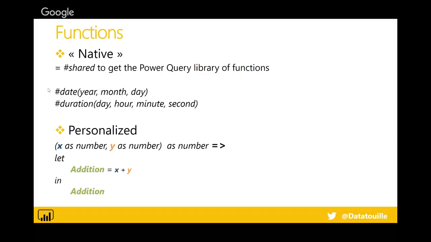If I want to make it simple, there are two types of functions in Power Query. The first type is called native functions. These are the functions that you can refer to using the hashtag, such as dates and duration. To get the list of all the functions available in Power Query, first you can Google. Most of my clients really forget it a lot. They ask me some questions, I just tell them, why don't you Google?